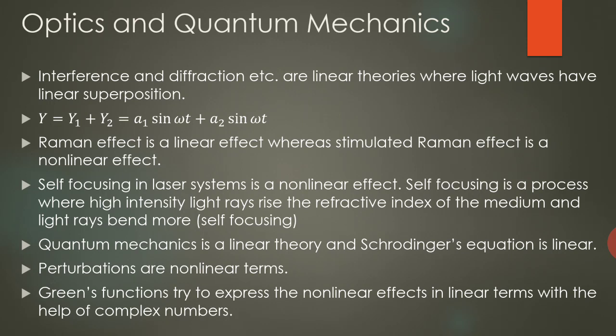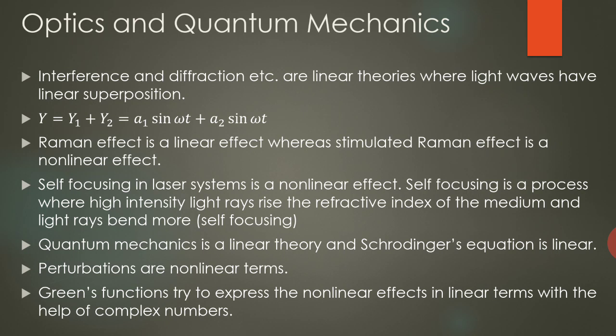High intensity light rays increase the refractive index of the medium, so the light rays bend more and more and they focus. Once they start focusing, the intensity increases further and further, the process becomes cyclic, and finally the system is destroyed. This is called the self-focusing effect in laser systems.